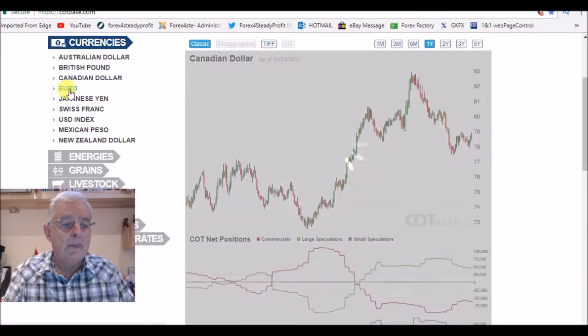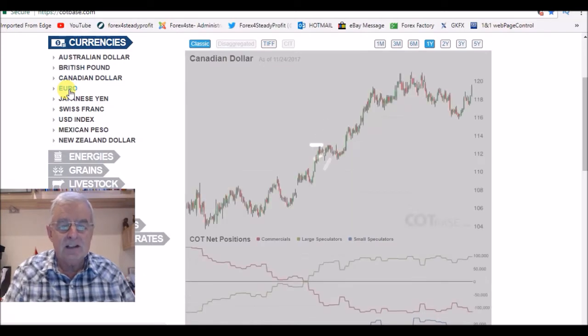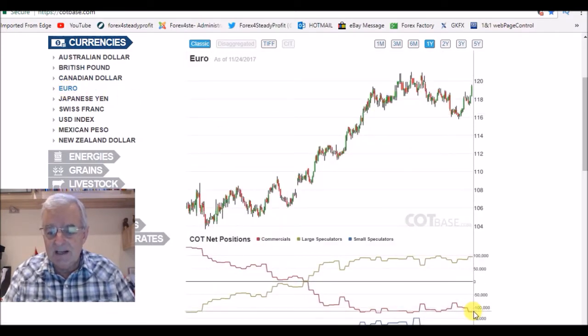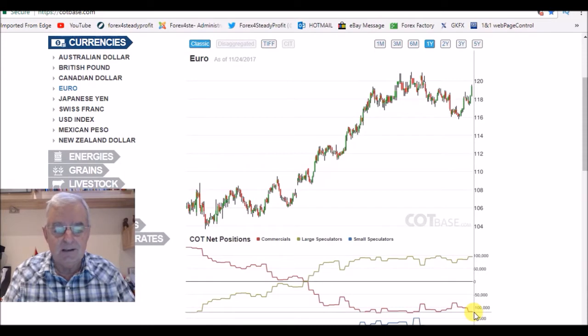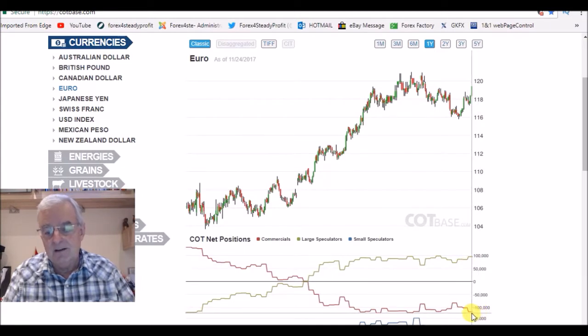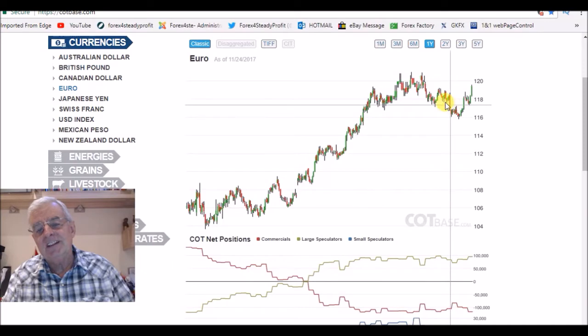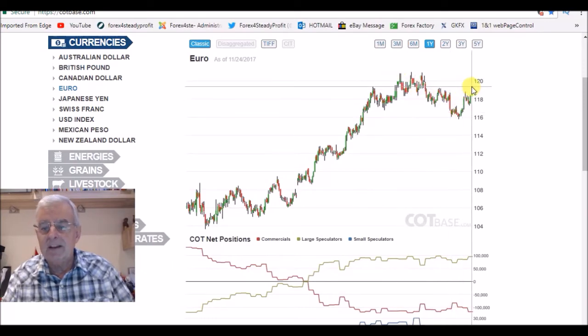The euro. This is actually quite interesting because we've seen a bearish position taken again by the commercials, and a bullish stance by the speculators, and they're opposite each other. We've had quite a bit of downwards sideways motion here.